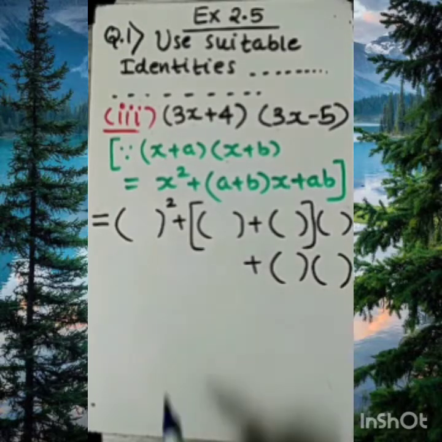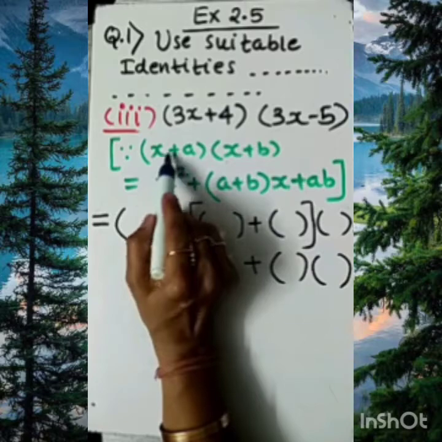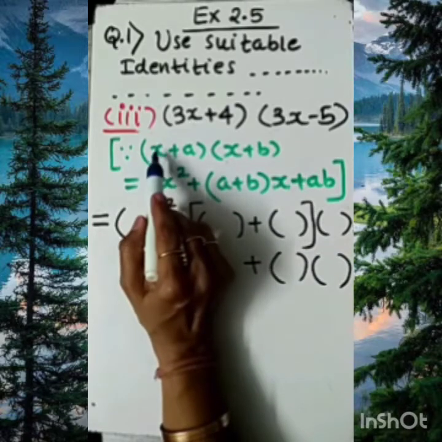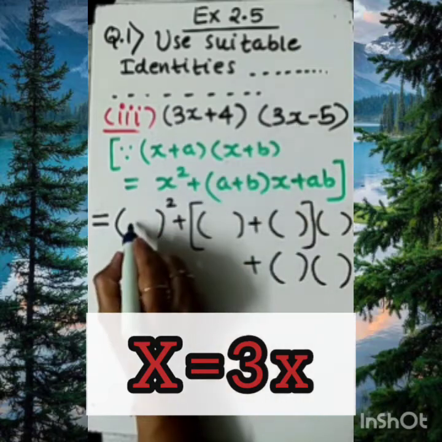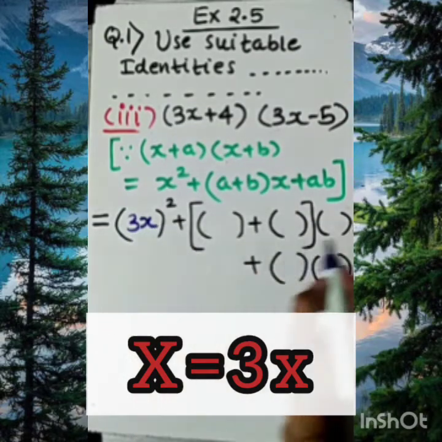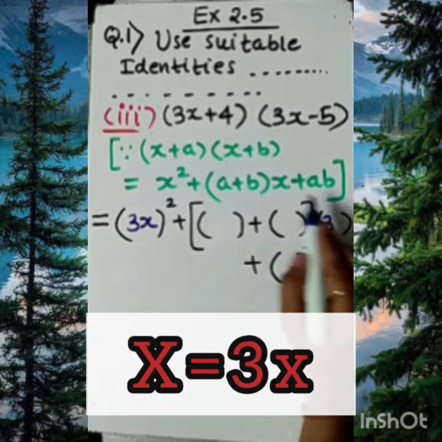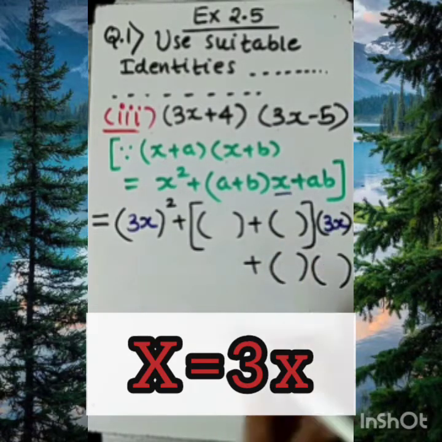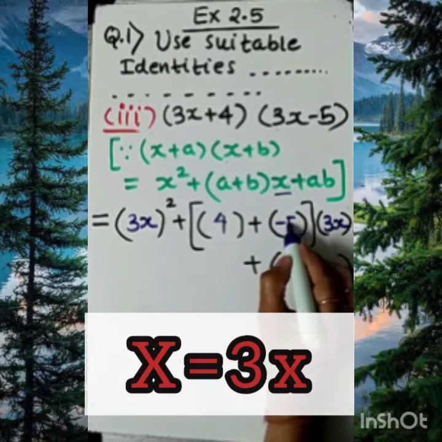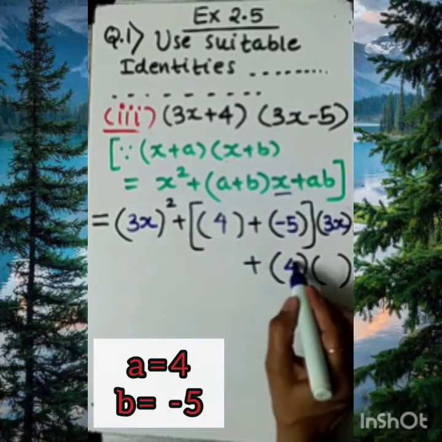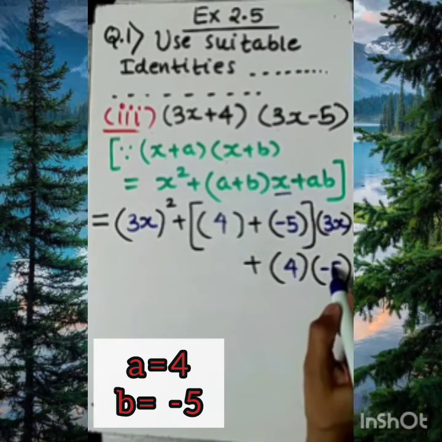Now if I compare, then what will be x according to this identity? x is 3x here, the first term, so I need to write here 3x, and here in place of this x, that is 3x. Clear? Now what is a? a is 4 here. What is b? Minus 5. a is 4, b is minus 5.